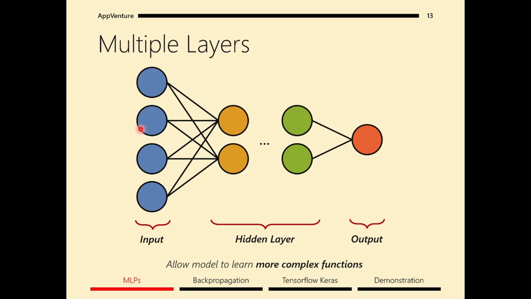This is like in traditional ML, where you input a list of numbers to the model. Then you have some hidden layers, which perform some computation inside, and you can have more layers so the model can learn more complicated functions. Finally, there will be an output.